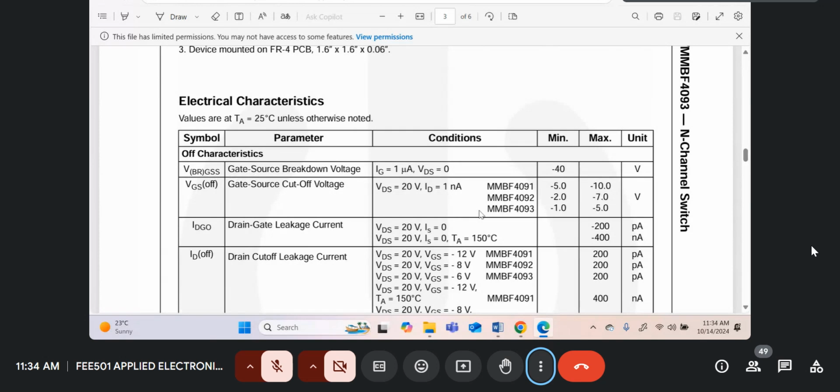In this one, you need at least 5 volts to switch it off. The smallest voltage to switch is 5 volts. Okay, let's get out of here.